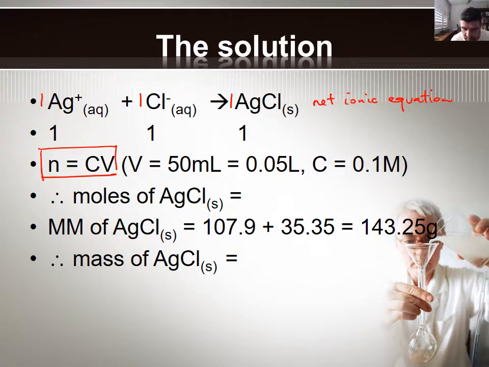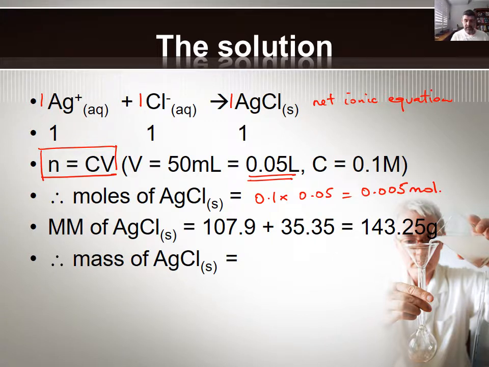We know that our volume is 50 mL, so we need to convert that to litres. So we have moles per litre, so that's 0.05 litres. And our concentration is 0.1. So therefore the number of moles is going to be 0.1 multiplied by 0.05, which is 0.005 moles.